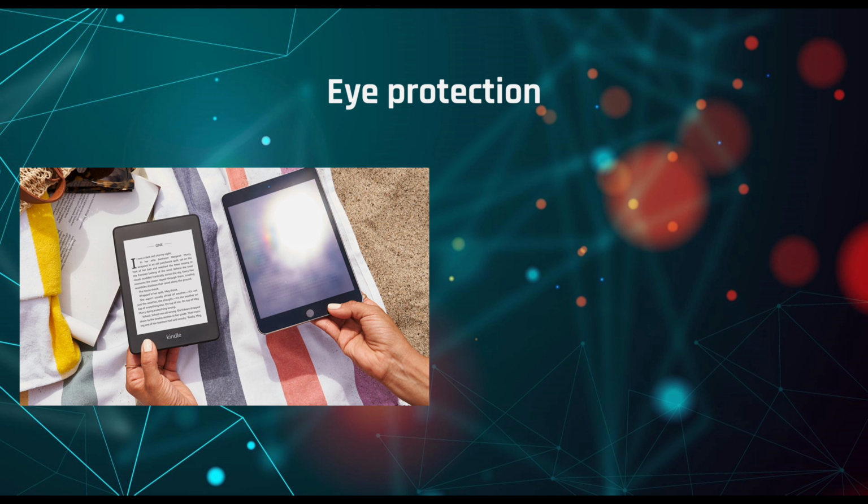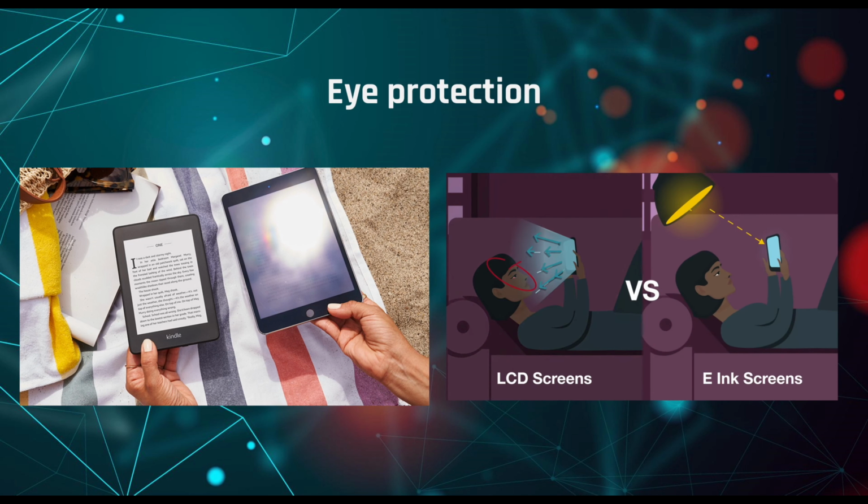So you can read with e-paper even under the sunlight. E-paper displays do not cause the same eye fatigue as LCDs when reading for a long period of time. And studies also showed that e-ink displays emit less blue light than LCDs when using comfort gaze front light, so it will be the better choice for eye protection.